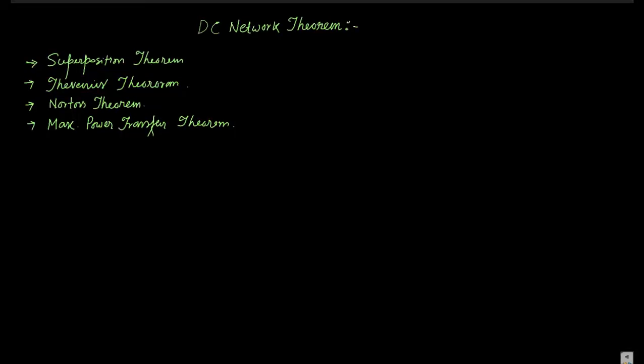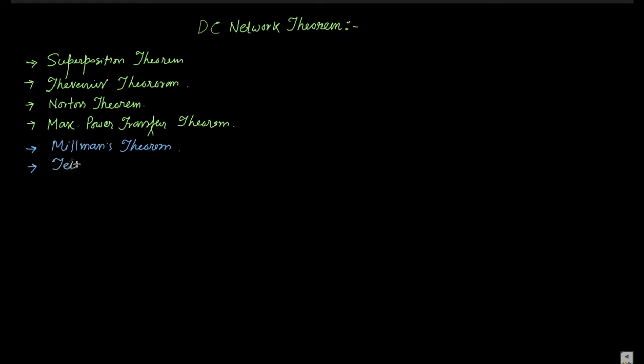These 4 are present in your syllabus, but there are also some additional theorems by which we can determine the currents and voltages of various parts of a circuit. The extra toppings, you can say, are Millman's theorem. If anybody belongs to electrical engineering, they must know all the theorems.